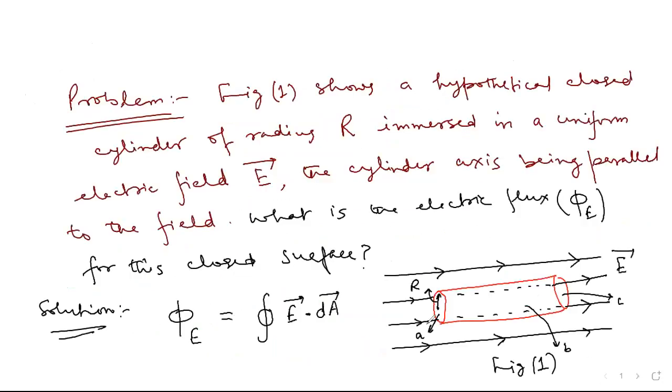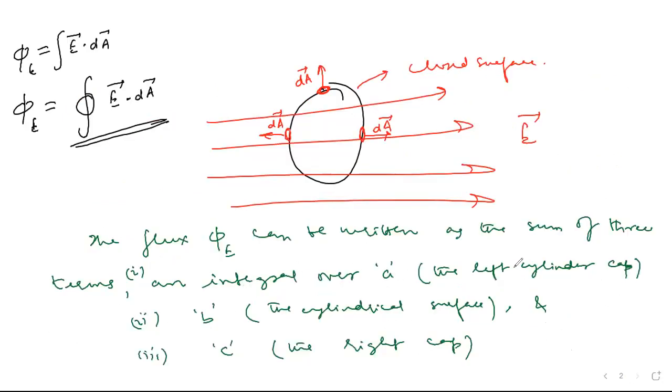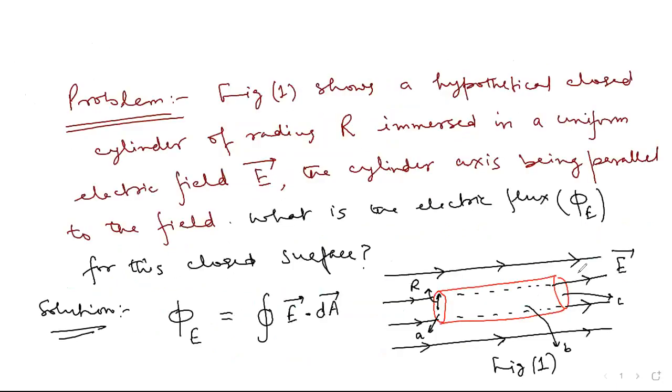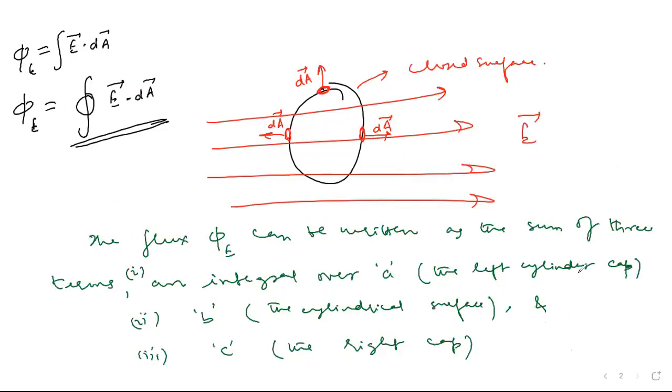As in the figure you can see, we have separated the total surface area of this cylinder into three parts. A represents the area of the left end cap, B the cylindrical surface, and C the right end cap. So A is the left cylindrical cap, B is the cylindrical surface, and C is the area of the right cap.